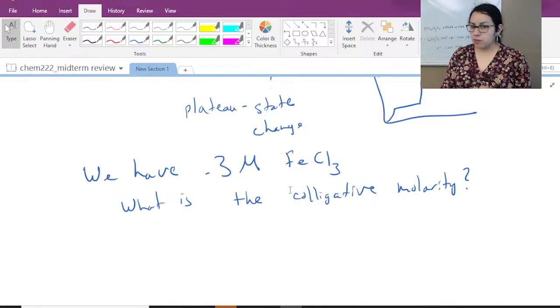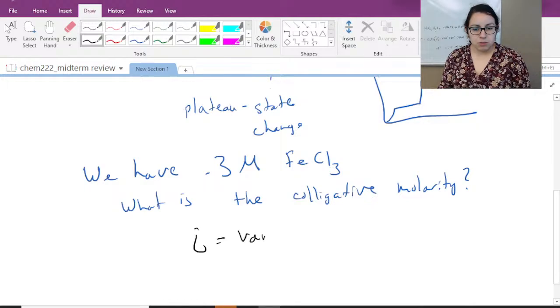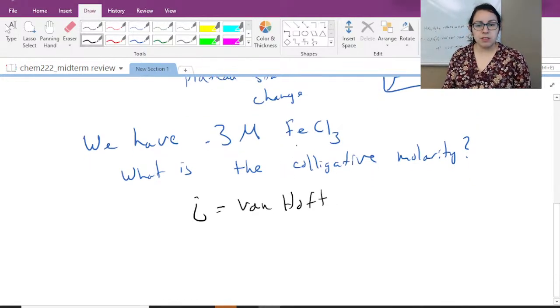So what do we get for this problem? What do we have to find too? What was that factor called? I know it's represented with i. I heard some i's, so that's the Van't Hoff factor, which we don't have to know the names so much, but we just have to know what to do with it.